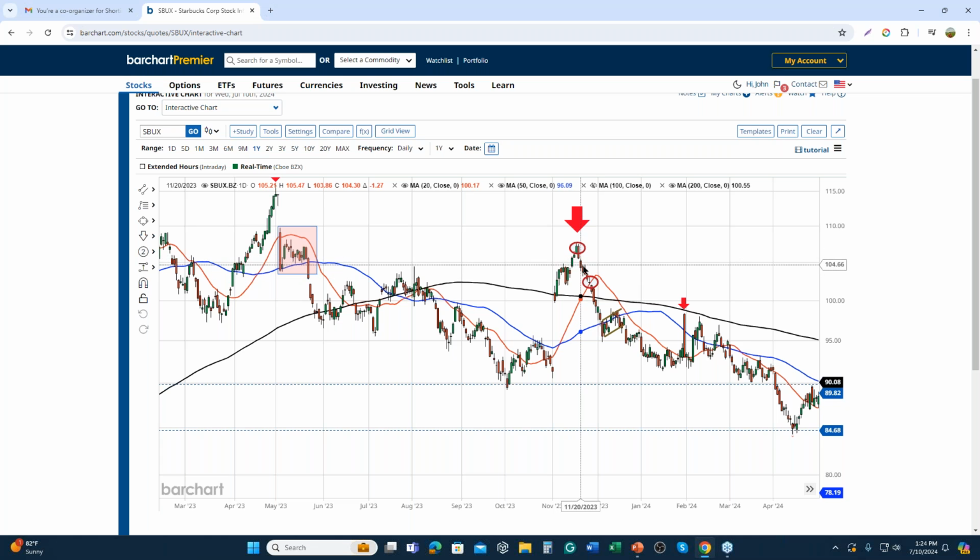Notice that there is a little bit of a gap here, then a rapid succession of red candles, and eventually we break support. Notice that support here also coincides with our 200-day moving average, and what's different from what we saw in Dell is that our 200-day moving average is down sloping.